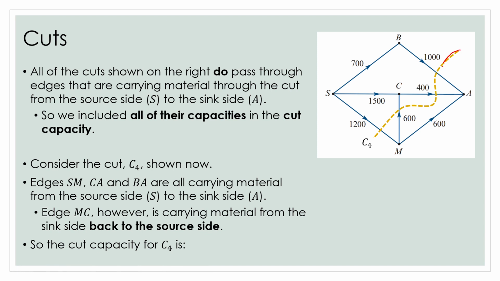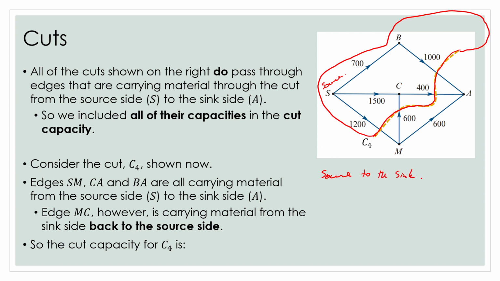With my cut, which I've got here in yellow, if I loop that back around to the source, what I want to ensure is that each of the lines I pass through goes from the source, inside this area which I've created, to the sink. So the edges which go from the source to the sink are the 1000, the 400, and the 1200. So I'm going to be counting those ones.